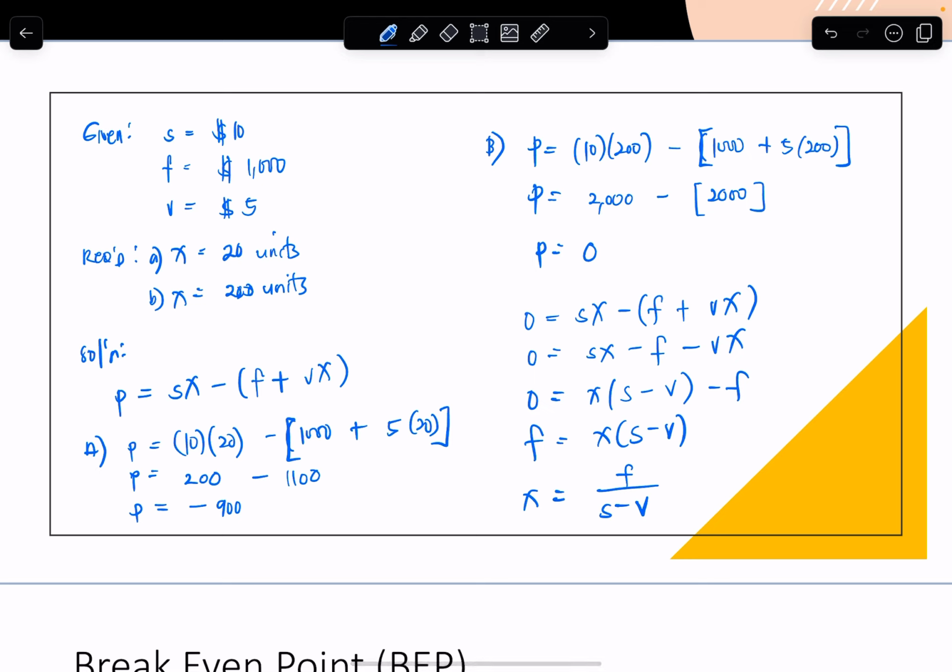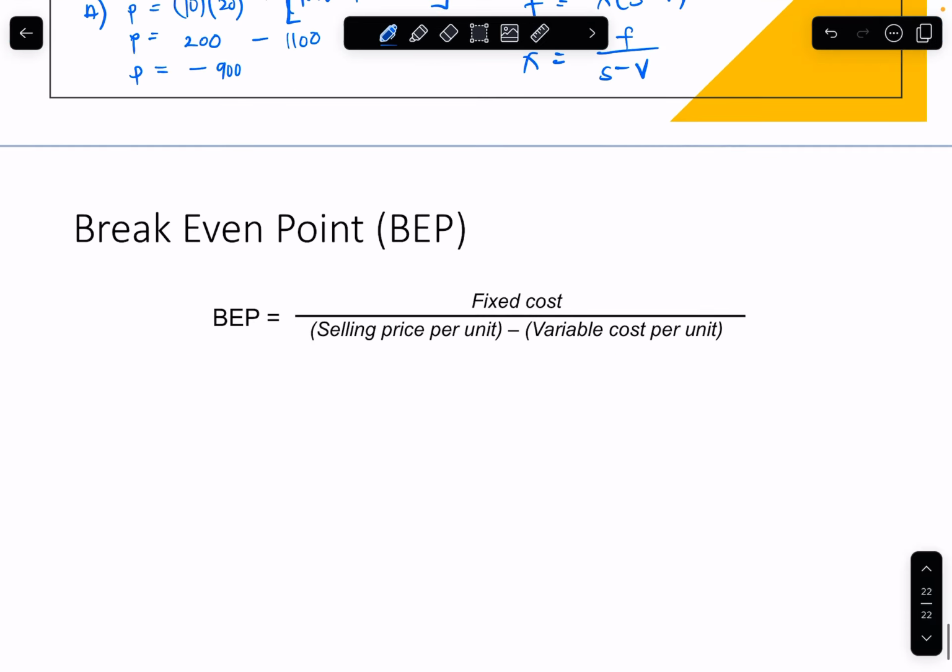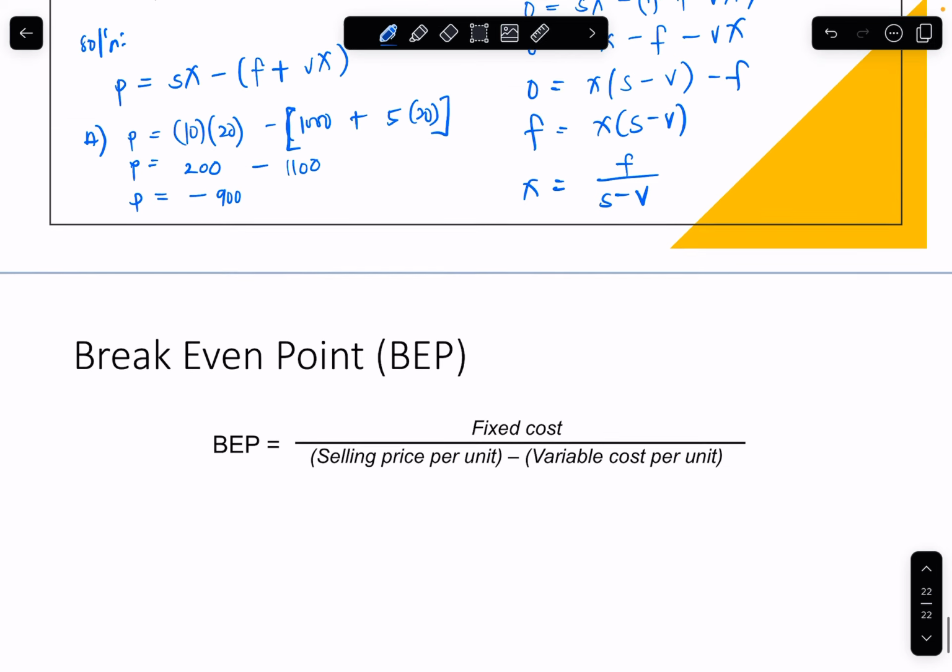So if I want to determine the break-even point, I'll have this formula: the fixed cost divided by the selling price minus the variable cost.